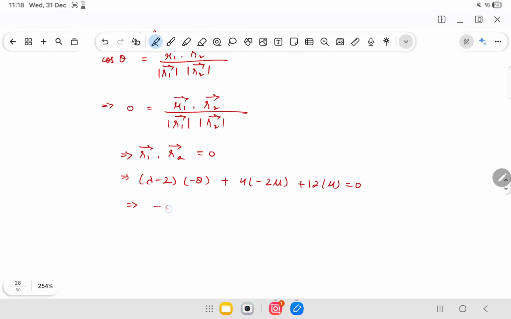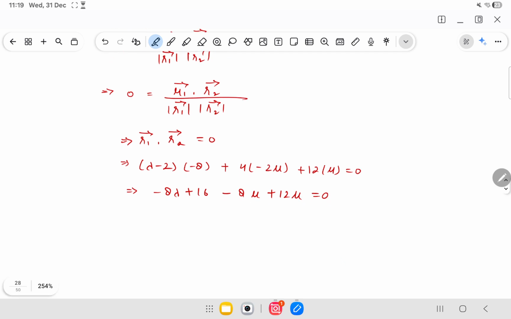It simplifies to minus 8 lambda plus 16 minus 8 mu plus 12 mu equals 0, which further simplifies to minus 8 lambda plus 16 plus 4 mu equals 0.